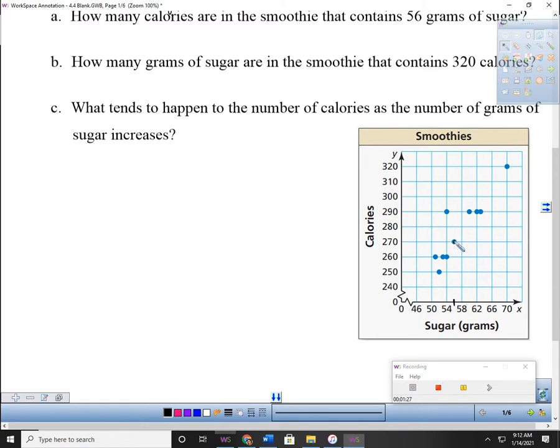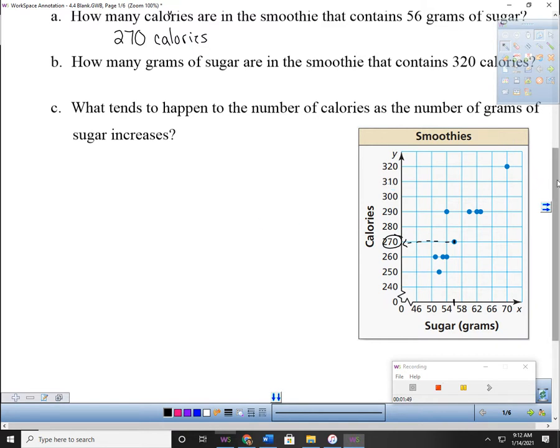Then I want to know how many calories is in that, though. So I'm going to shoot over to the left-hand side and identify that there are 270 calories in that milkshake. And always put your unit of measure, calories.